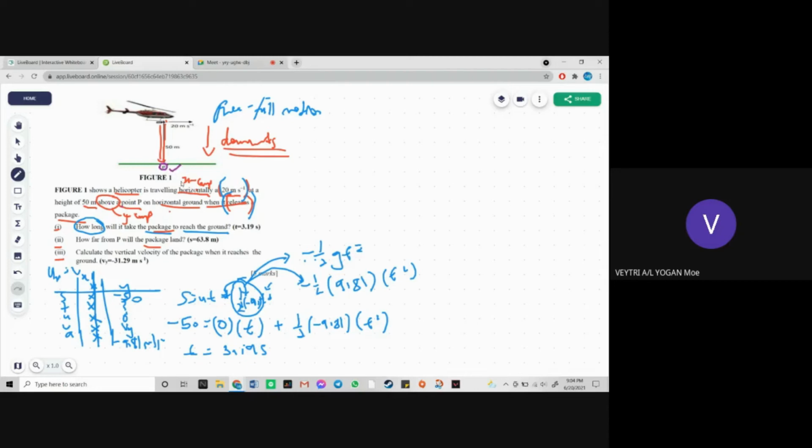Jadi please make sure P is there. You know very well where is P. Next, how far from P will the package land? Okay. Sekarang persoalan dia how far, right? Not how high. Kalau how high, that is Y component. Sekarang how far?